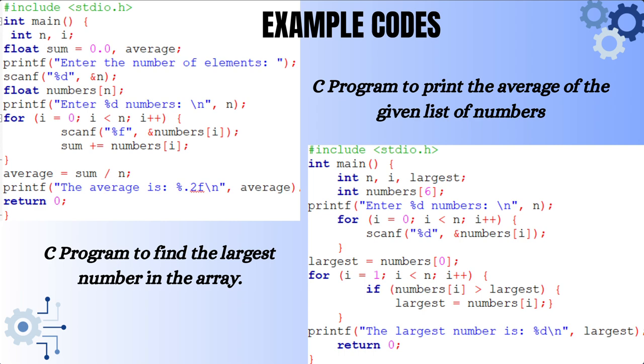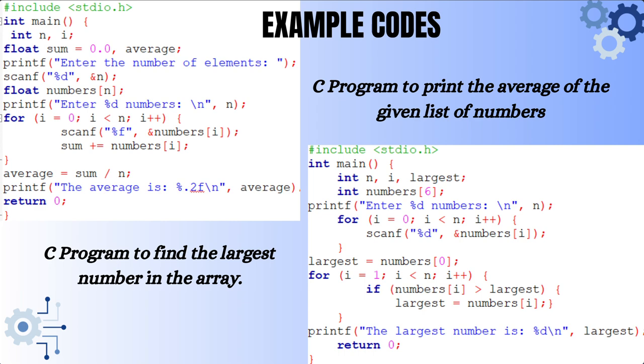So the number at the ith position means the number at the first position. Suppose the number at the first position you have entered as 75. We will check if 75 is greater than largest. What is the value of largest? Largest is 65. So 75 is greater than 65. So this condition is true.